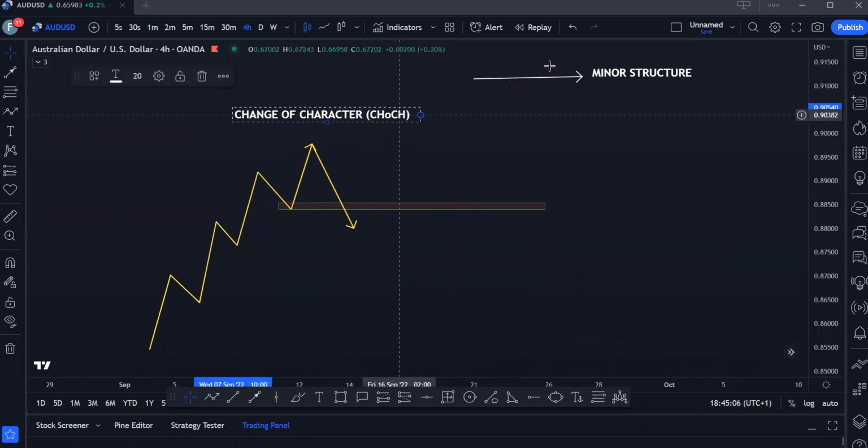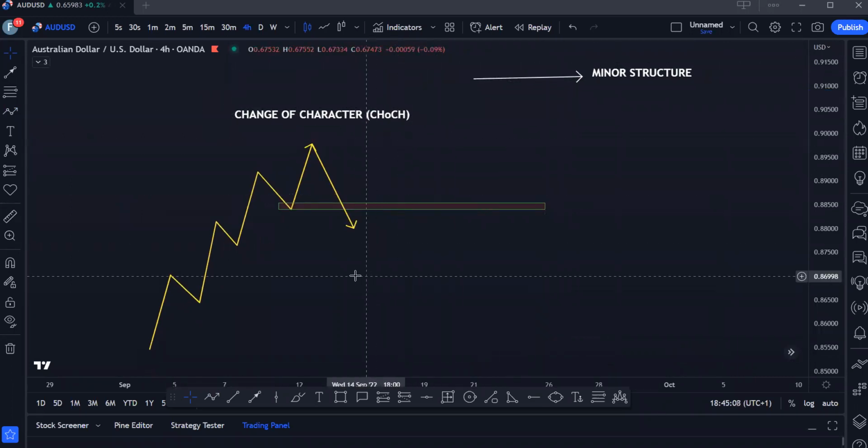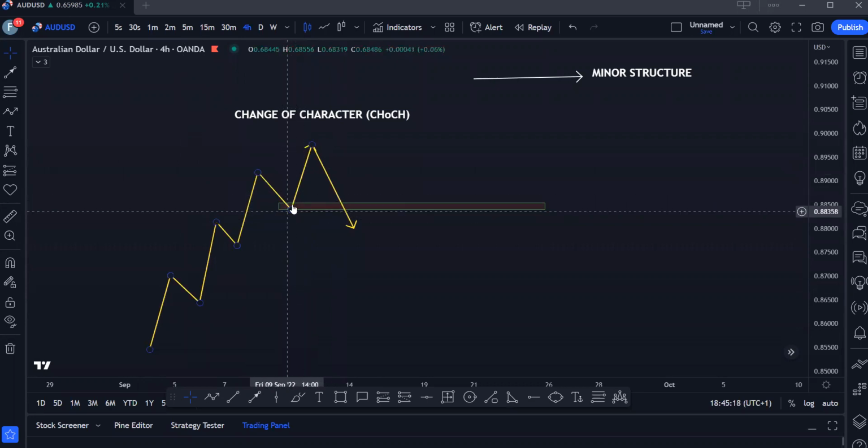When order flow wants to shift from bullish to bearish, this higher low, this structure has to be broken to the downside, right? The structure has to be violated. And that violation, that break, the body of the candle can break and close below it, or it can be broken by a wick.